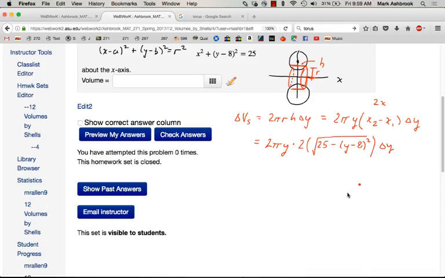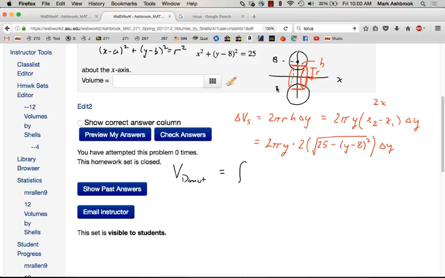Okay, so we got it all in terms of y. And so now the volume of our donut, or torus, is going to be the integral, and we are in terms of y. So the first strip is at y equals what? Remember, this center was at 8. Our radius was 5.